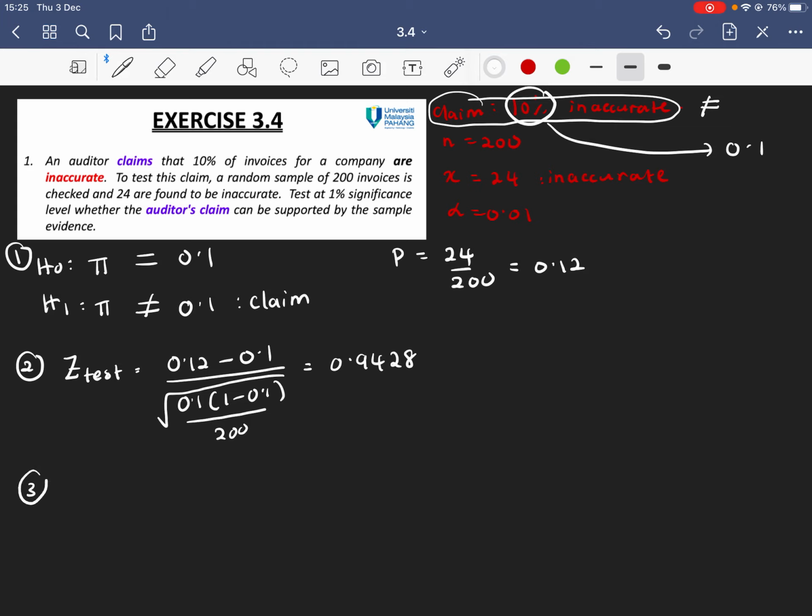Right, step number 3, one tail or two tail. Because of unequal, it is a two tail. So alpha is 0.01. Alpha divided by 2, you will get 0.005. So Z 0.005 is equal to 2.5758.